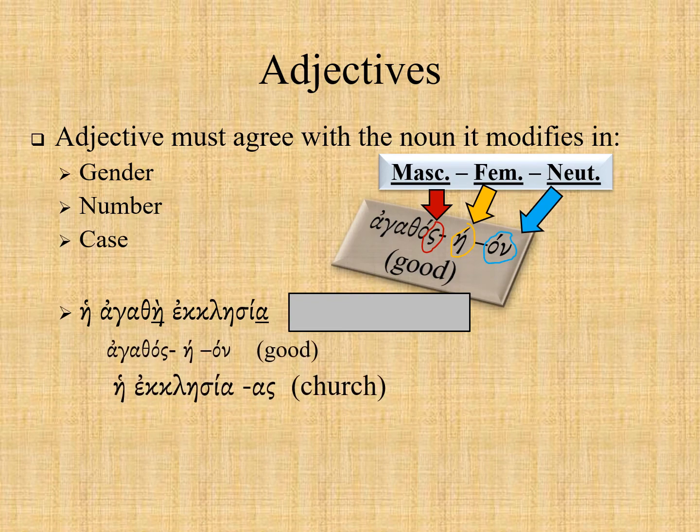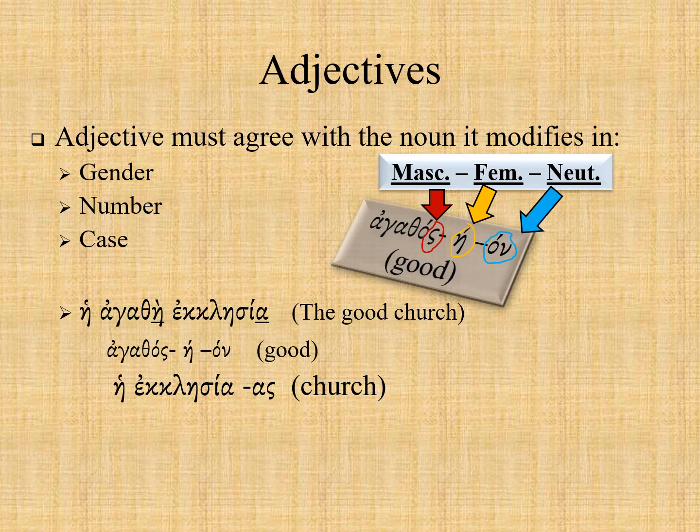So this is how you would see the adjective agathos, or good, in your vocabulary, and this is a way that he ecclesia, church, you would see in your vocabulary. So the translation of the phrase is the good church.